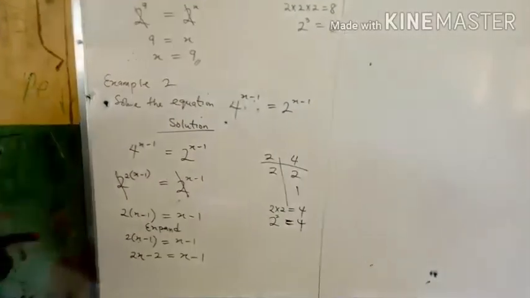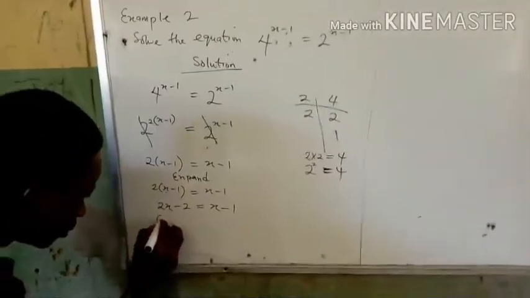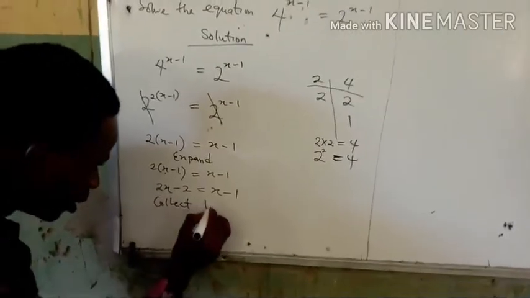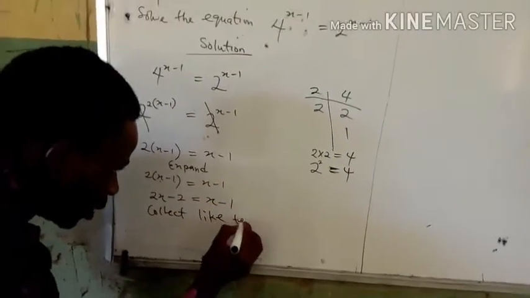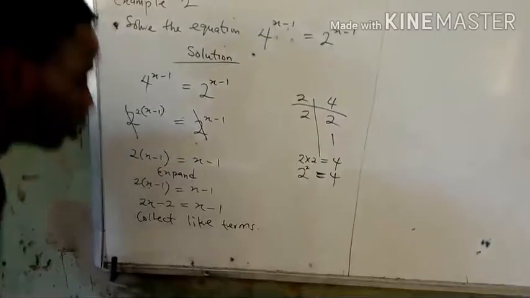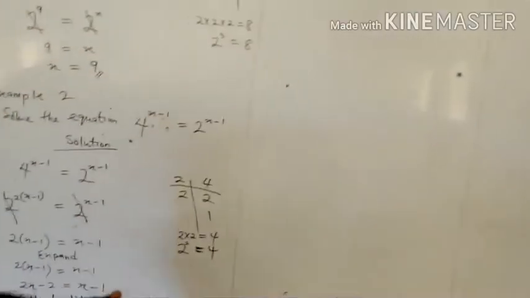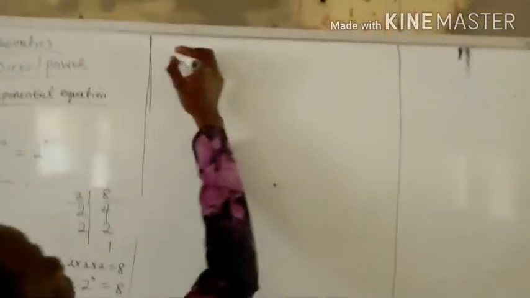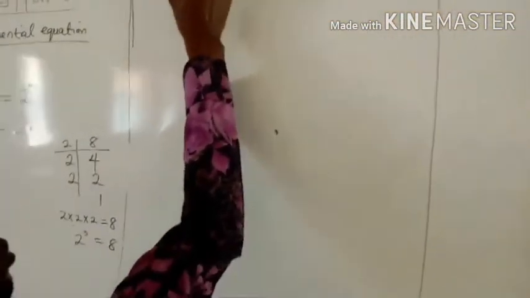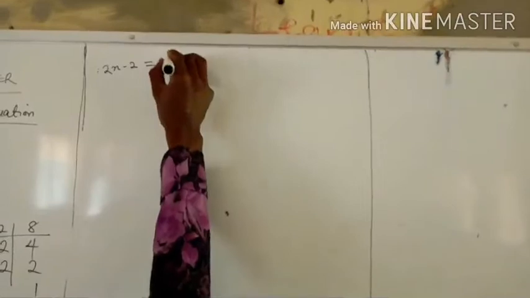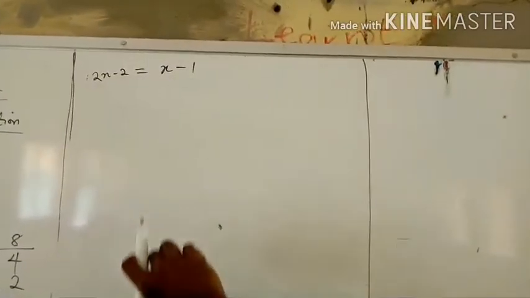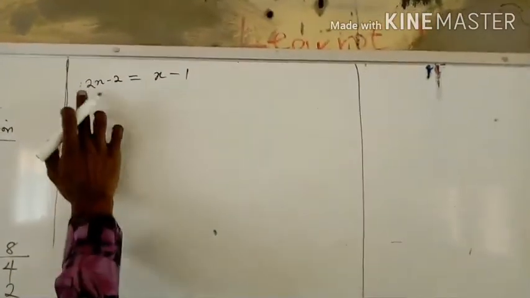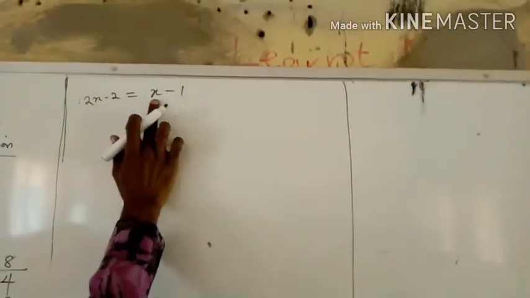Okay, now the next thing, you collect like terms. Collection of like terms is something that is similar. So here we have 2x minus 2 equal to x minus 1. What is similar is 2x, and here we have x.